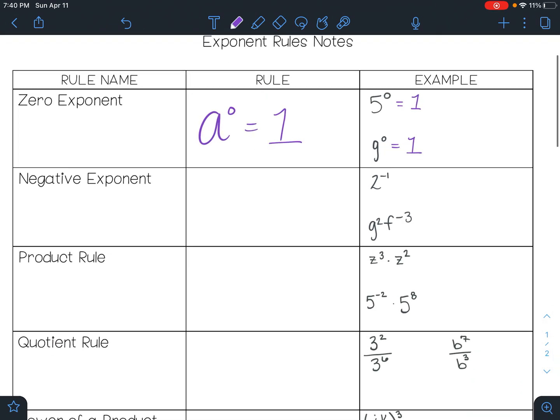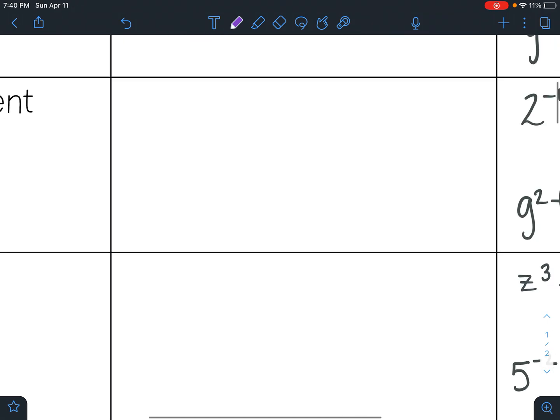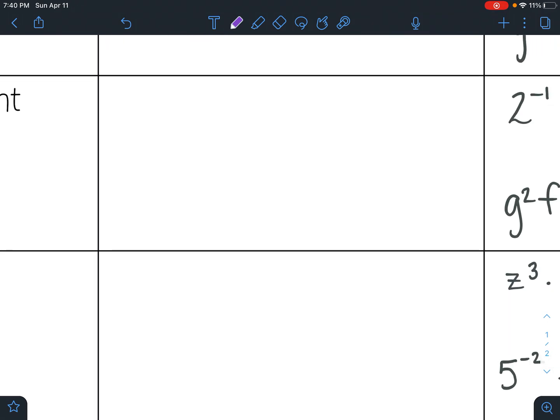Negative exponents. How this works is, we're going to start off with you have a negative exponent on a regular number or variable. So I'm going to use a again. If I have a to, say, the negative 1, again, that could be any negative number, a to the negative 1 is going to flip. So you get 1 over a.